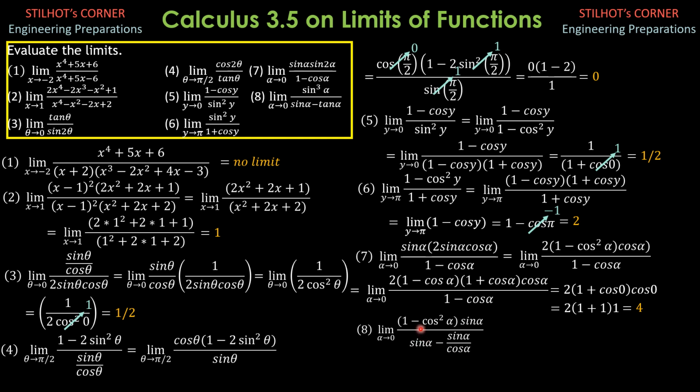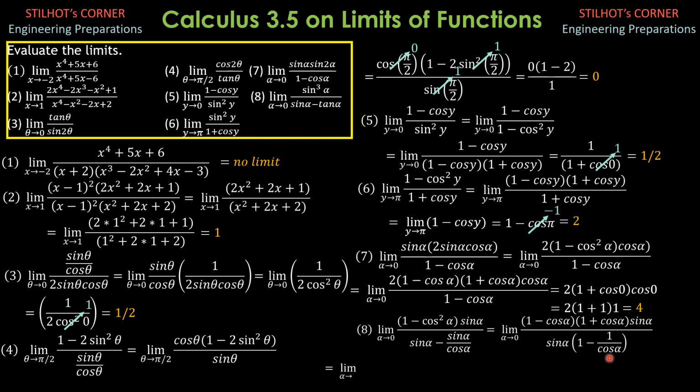So simplifying, 1 minus cosine square alpha is factored into 1 minus cosine of alpha times 1 plus cosine alpha. So limit as alpha approaches 0 of quantity 1 minus cosine alpha, 1 plus cosine alpha times sine alpha over sine alpha. Factor out sine alpha in the denominator, then we have 1 minus 1 over cosine alpha. Simplify the denominator.